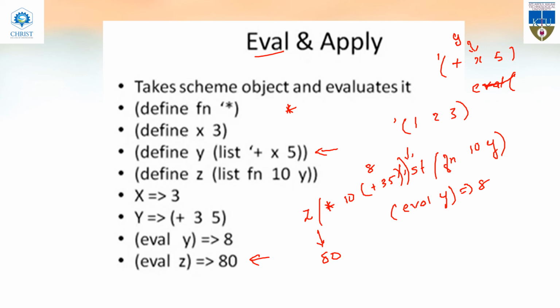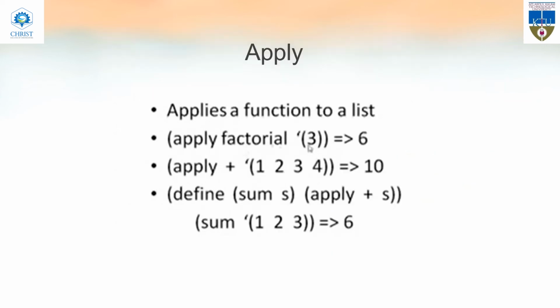So that is eval. Now the second one is apply. If I need to apply an operation to a list, I can use apply. For example, if I need to apply plus to the list 1, 2, 3, 4, I will write apply plus, and the list is 1, 2, 3, 4.